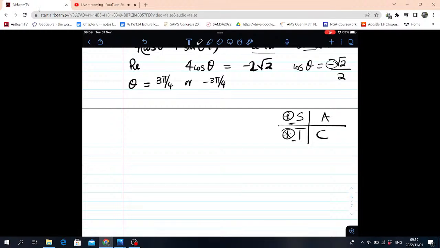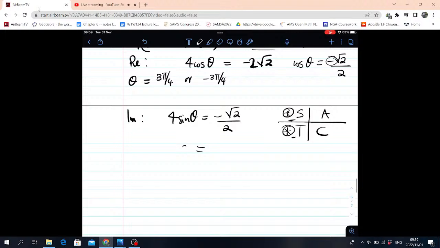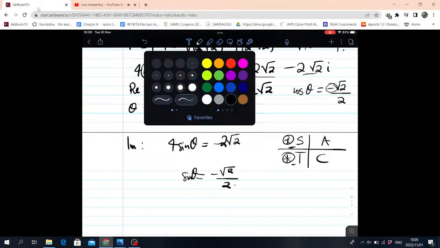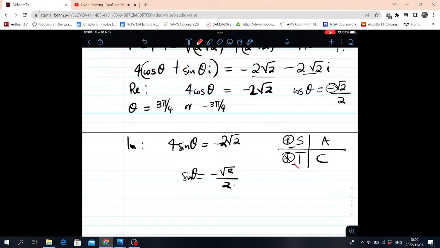And then if you look at the imaginary part, 4 sine theta is equal to minus 2 root 2, so sine theta is minus root 2 over 2, and again it's negative, so sine is negative in here and in there, and the one that is common is that one.